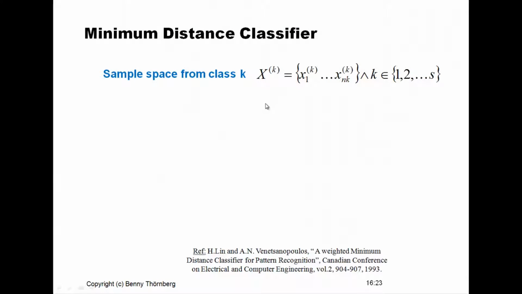So what we have here on this picture is an equation showing a sample space for class K, and K belongs to a set of classes of S number of classes, 1 to S, and we then have a number of samples that belong to this class, and we have N_K number of samples.